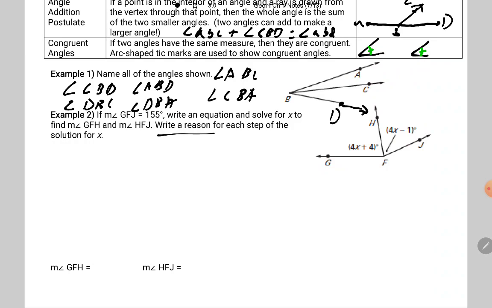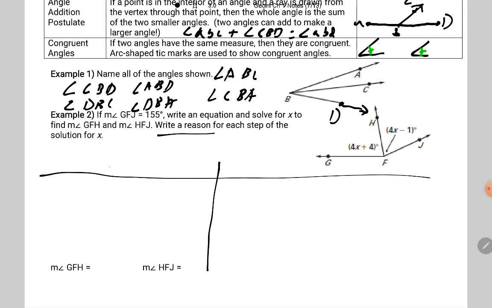So I'm going to divide this into 2 columns, where this left side, also known as statements, is where we do our work, and then the reason for all the steps.